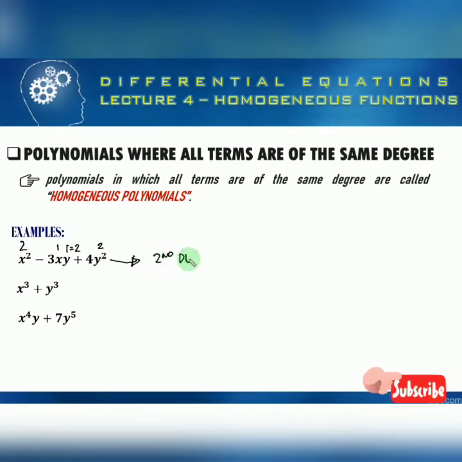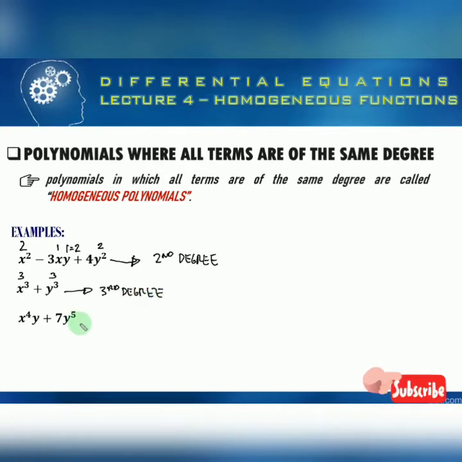So this is a homogeneous polynomial of the second degree. How about this second example? The first term is x cubed, so we have 3, and the second term is y cubed, so we can say that this is a third degree homogeneous polynomial.